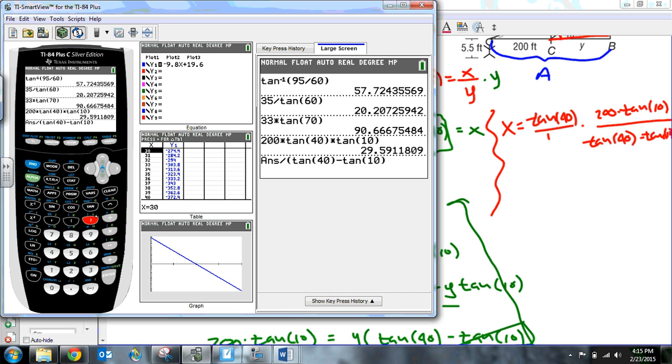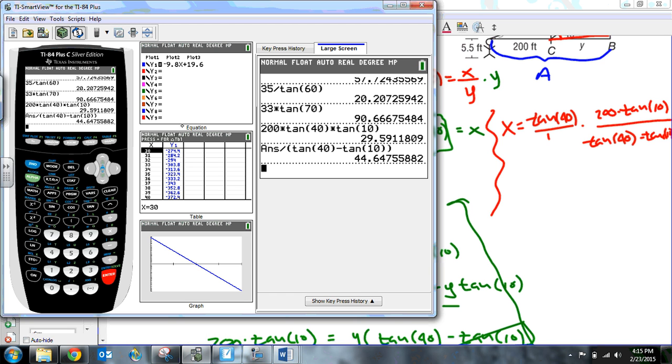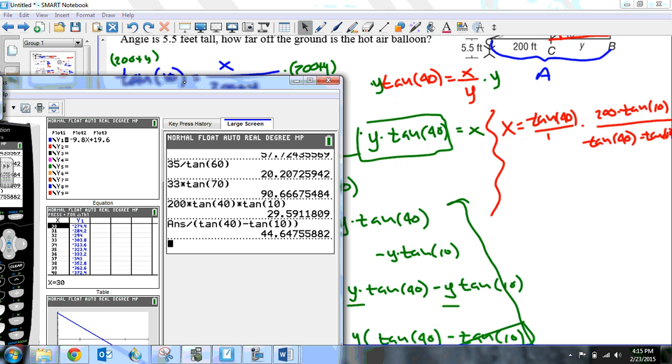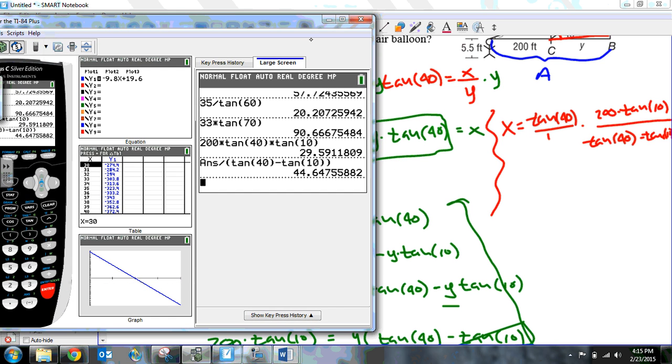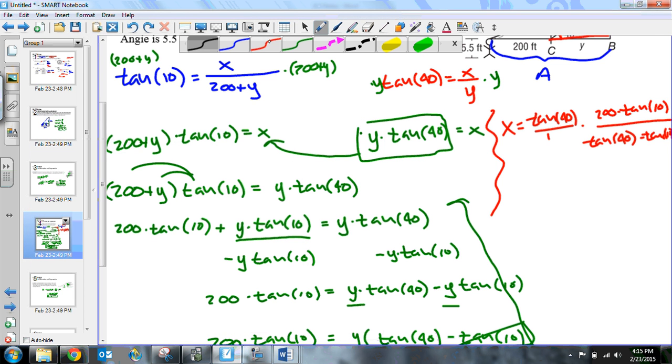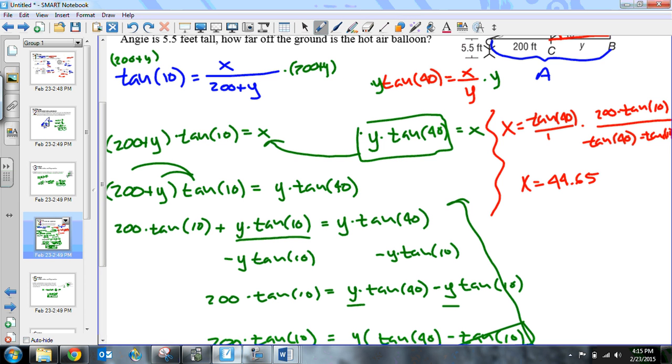I close my parentheses there, and I end up getting 44.64 feet. So x is equal to 44.65 feet, rounding up.